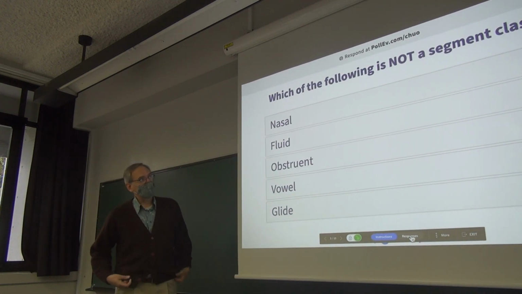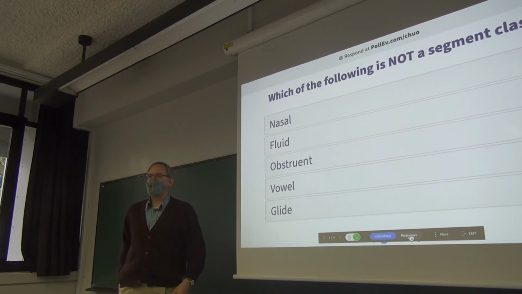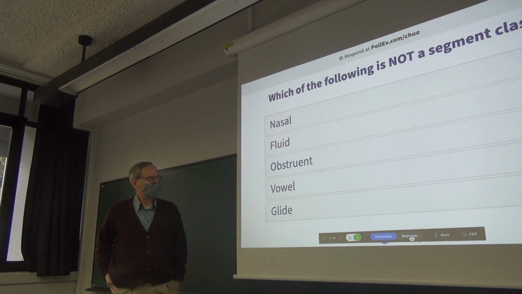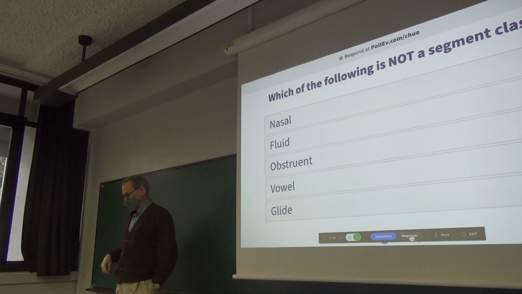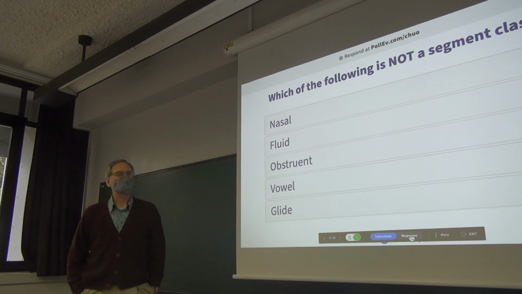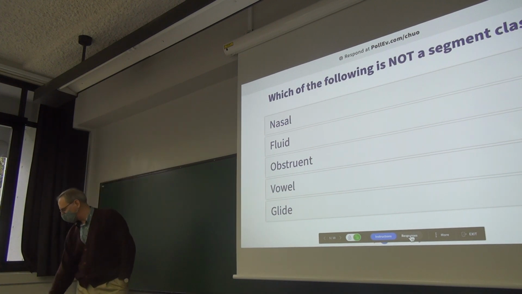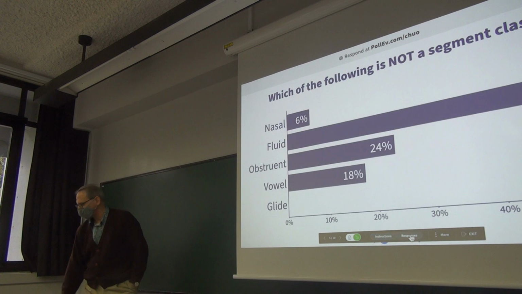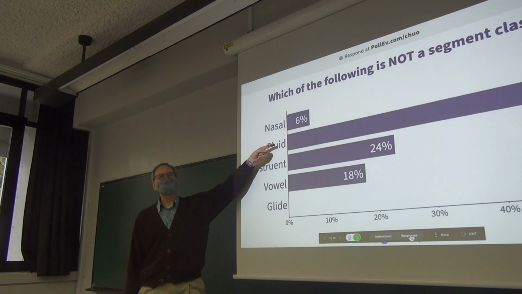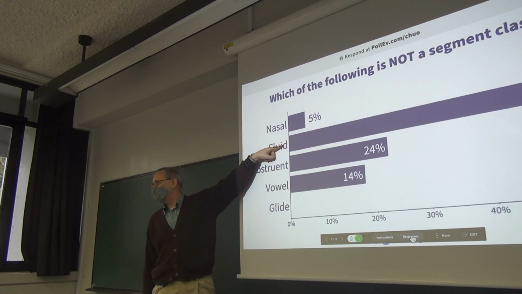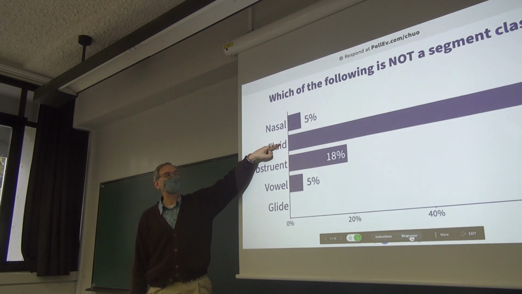But a homophone is two words with the same pronunciation. Which of the following is not a segment class? Nasal, fluid, obstruent, vowel, glide? The correct answer was fluid. We do have liquid. Liquid is a segment class, but not fluid.